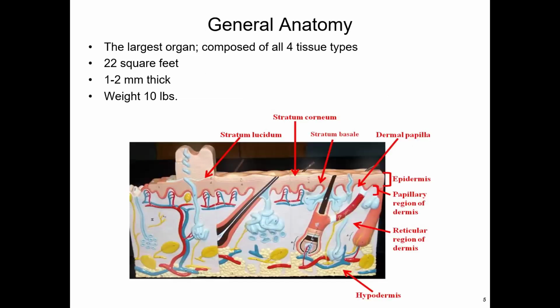So here is the first appearance of this lab model, just to indicate the basic elements of the integumentary system we discussed in lab. About 22 square feet, 10 pounds. And we mentioned this in lab.